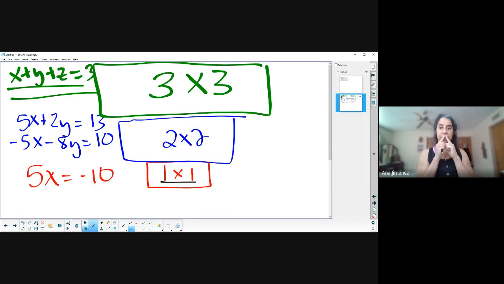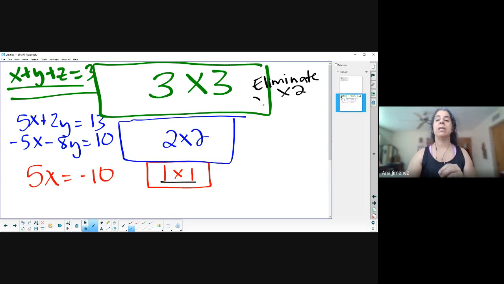So the general plan of attack when we have a 3x3, three equations or three unknowns, is you're going to pick a variable to eliminate. It doesn't matter which one, but you're going to eliminate one variable. The trick here is that whatever you choose to eliminate, you're going to eliminate it twice. So we're going to eliminate z, and then we're going to eliminate z again.